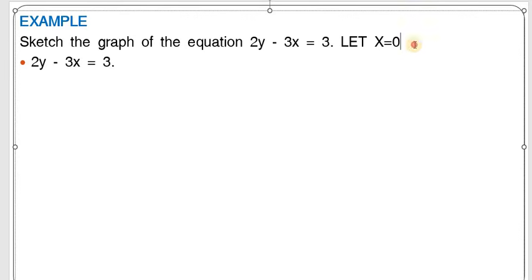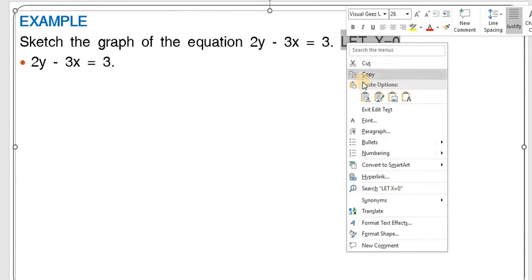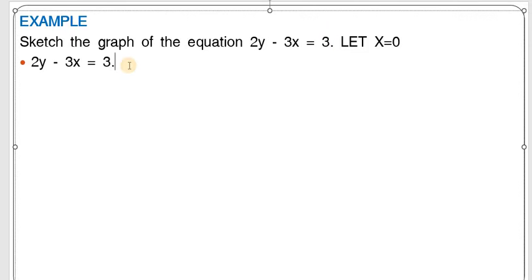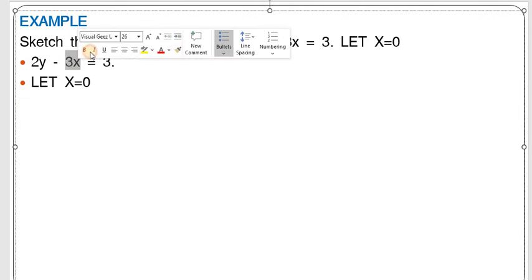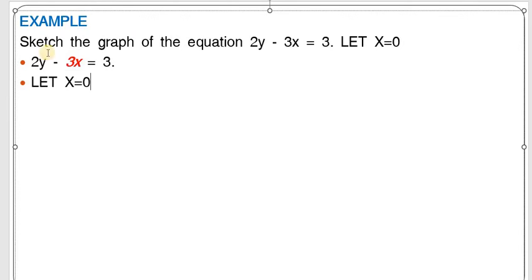That means let x is equal to 0. So y-አችን ስንት ይሆናል basically? ያ ማለት x እዚህ ጋር 0 ከሆነ y value ስንት ይሆናል ነው basically. So ምን እናደርጋለን? We'll substitute 0 in x place.